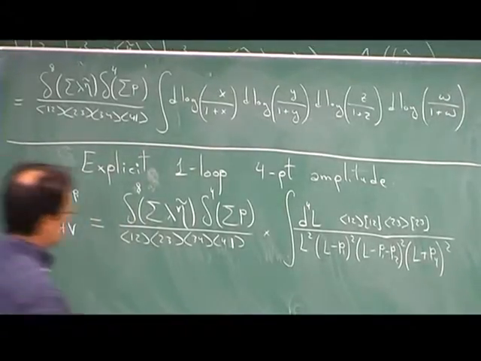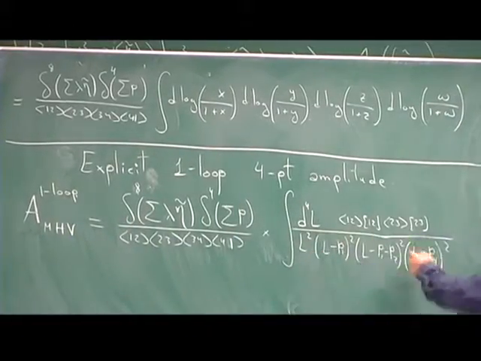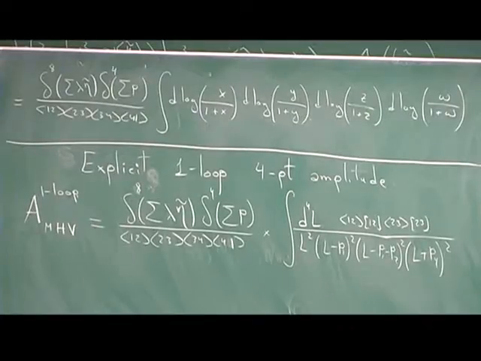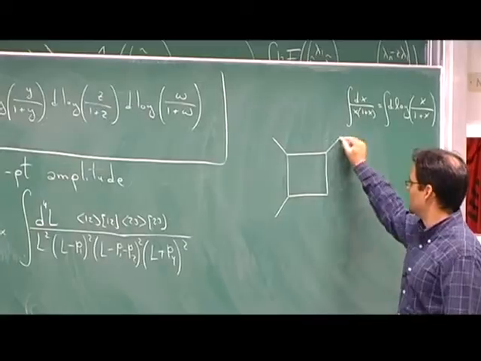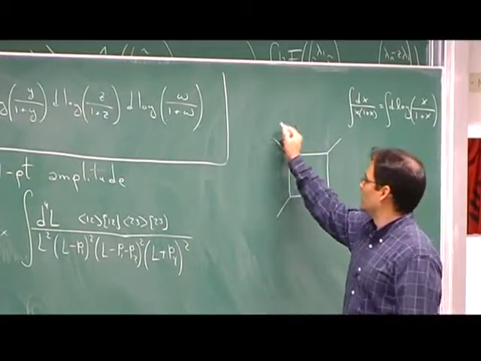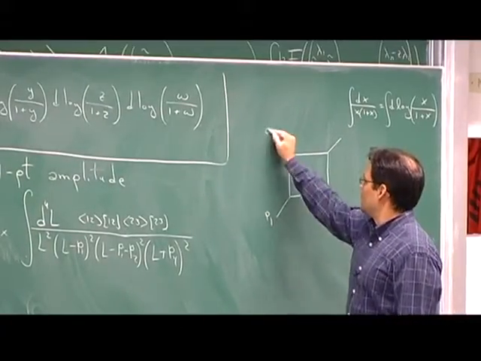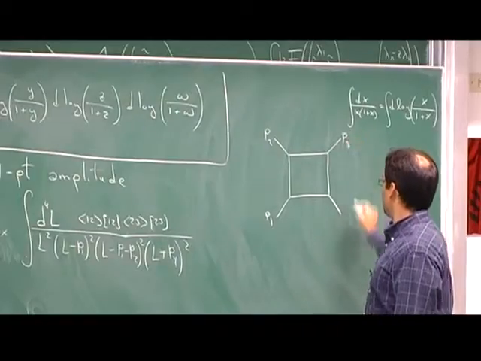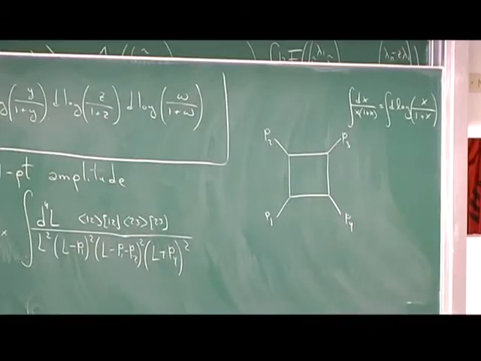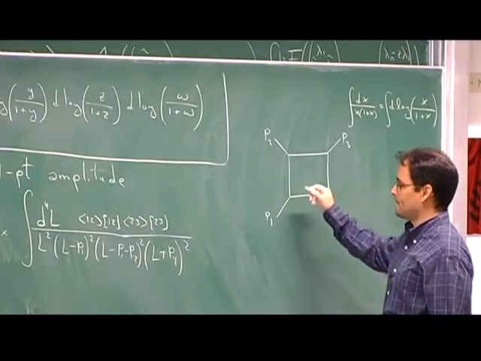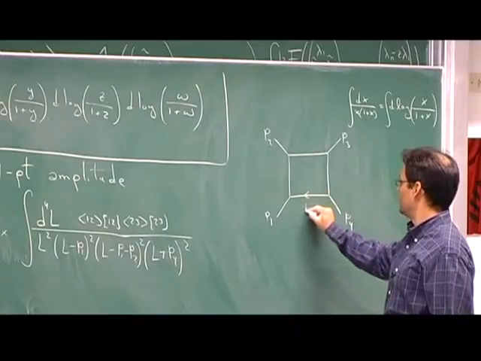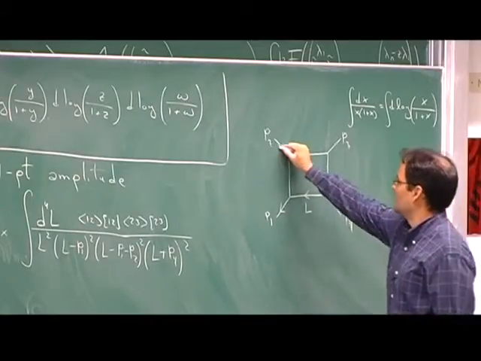That's the answer. Well, this loop integration corresponds to the integration that you will get in a scalar field theory with momenta P1, P2, P3, P4, and loop momentum defined to be this, and all legs outgoing.